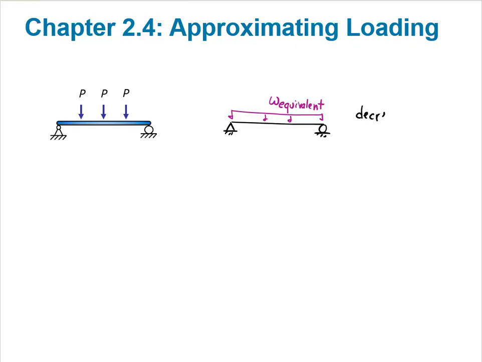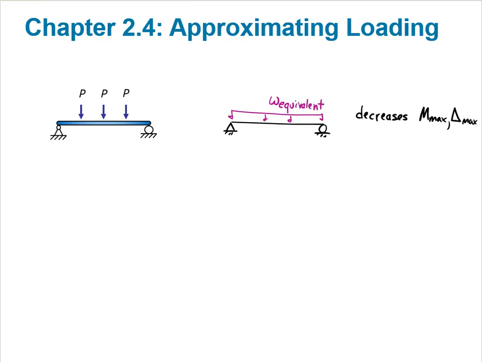In fact, in this case, the peak moment with uniform load is 25% smaller than the peak moment with the 3 equivalent point forces. Similarly, the peak displacement is smaller because we moved load toward the supports. 22% smaller in this case. So moving load toward the supports results in a lower bound for peak moment and peak displacement.